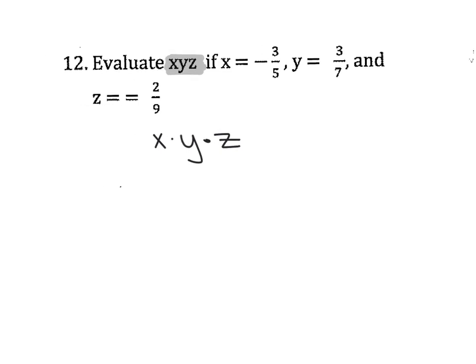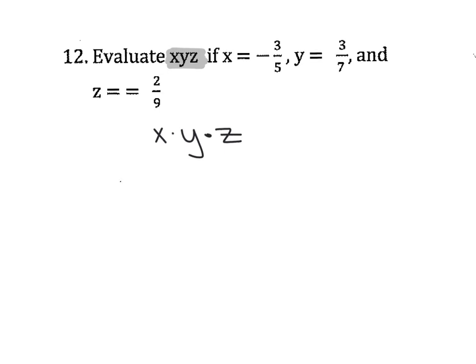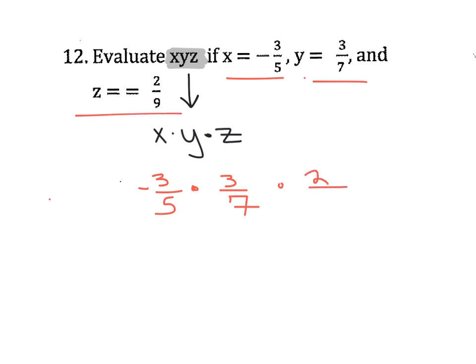But in algebra, we typically just write variables touching instead of showing a multiplication sign. It means the same thing as this. Now I'm going to substitute. So I know that x is negative 3/5 times y, which is 3/7, times z, which is 2/9.